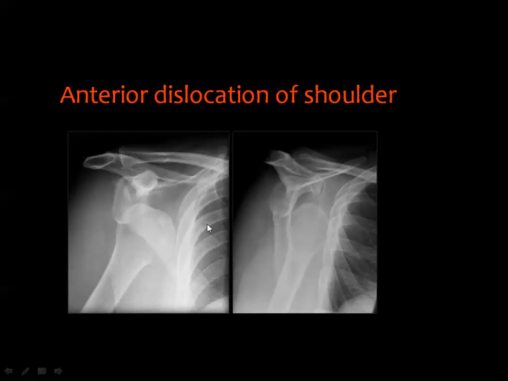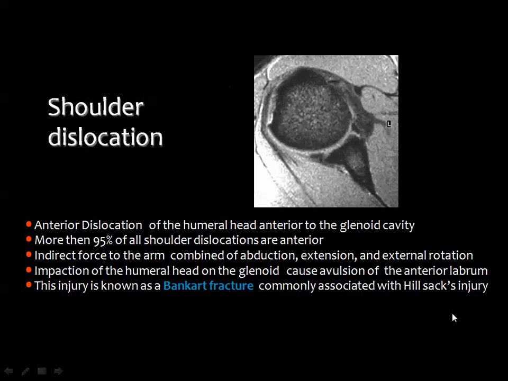And this is the plane films showing that the humeral head is anteriorly dislocated relative to the glenoid fossa, and this is the axillary view showing also the head is anterior to the glenoid fossa.